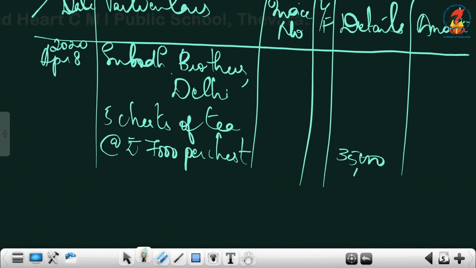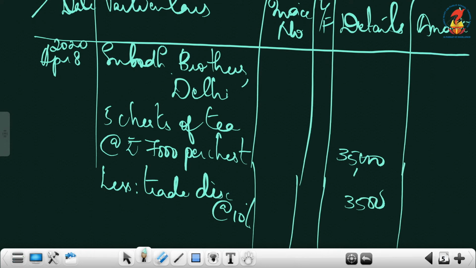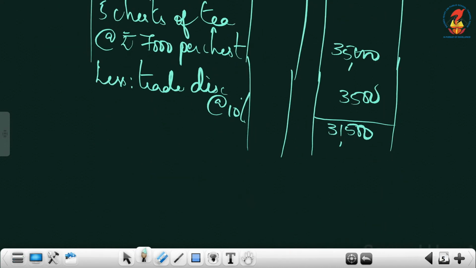Then we have less trade discount 10%. So you write less trade discount at the rate of 10%, that is 3,500. So the balance 31,500, that again in the details column, because we have something to be added with that.